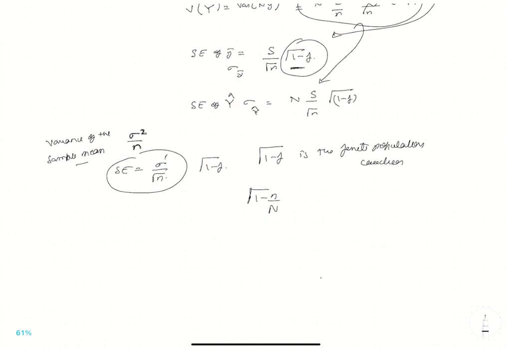Standard error of the estimator of the population mean and population total have S in them, right?